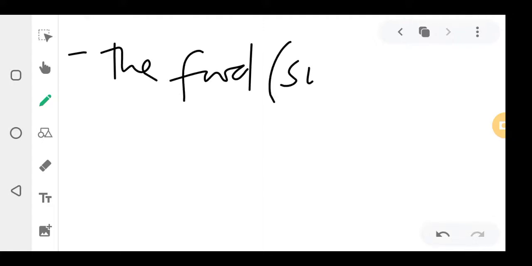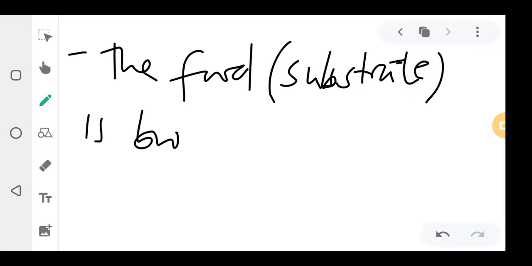So when the kinetic energy increases, the enzyme activity also will increase. So it means the food, which I said means the substrate, is broken down faster.